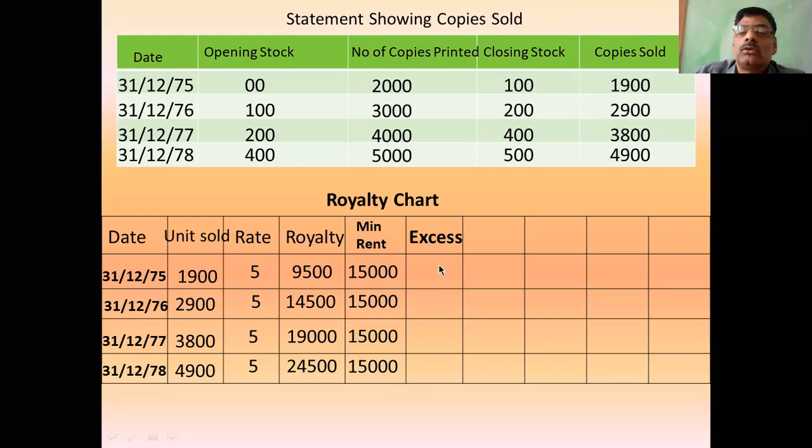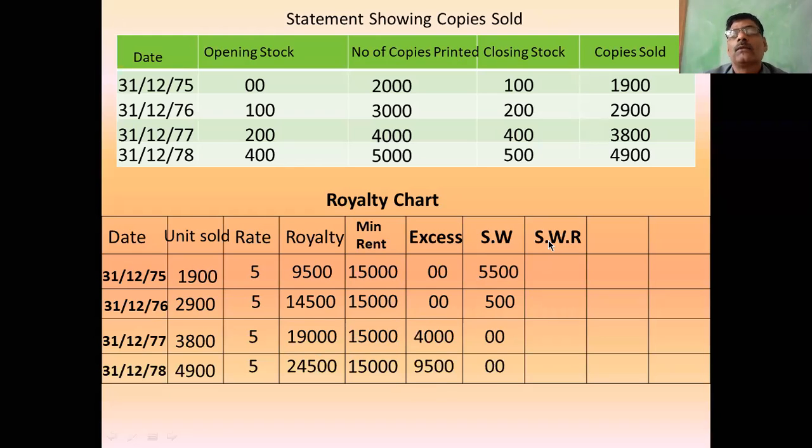First year excess, no. Second year excess, no. Third year, there is excess of 4,000: 19,000 minus 15,000. Then last year, 9,500 excess. Then short working. First year short working is 5,500. Second year short working is 500. Third year nil, fourth year nil.